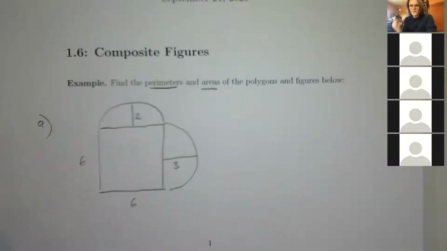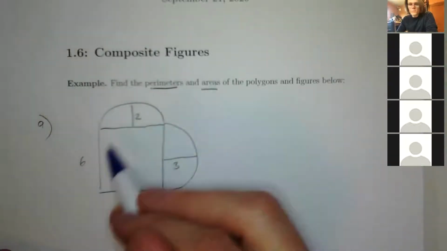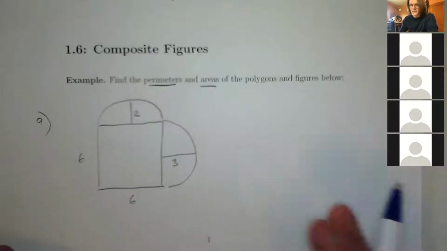Remember, the perimeter is the length around some figure, and the area is how much space that figure takes up in the 2D plane, right? In this figure, I already broke it up into sections for you because it's a composite figure.